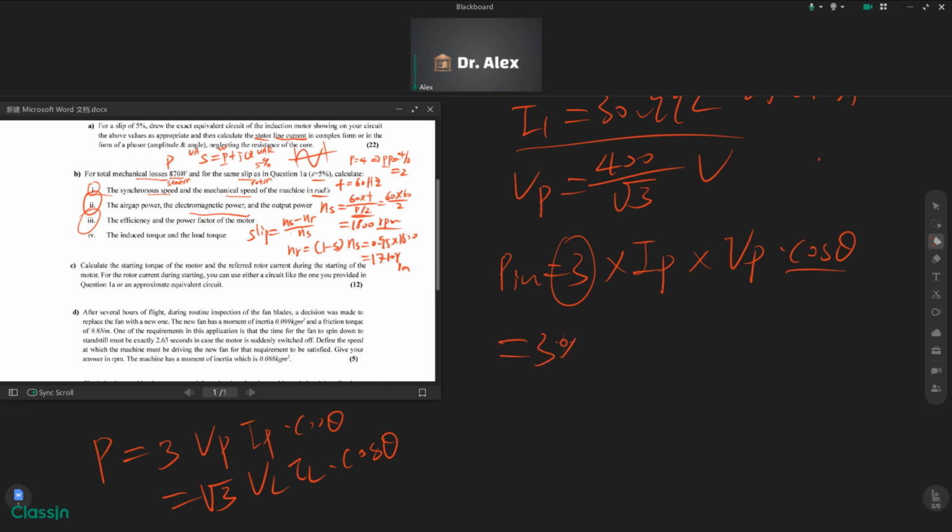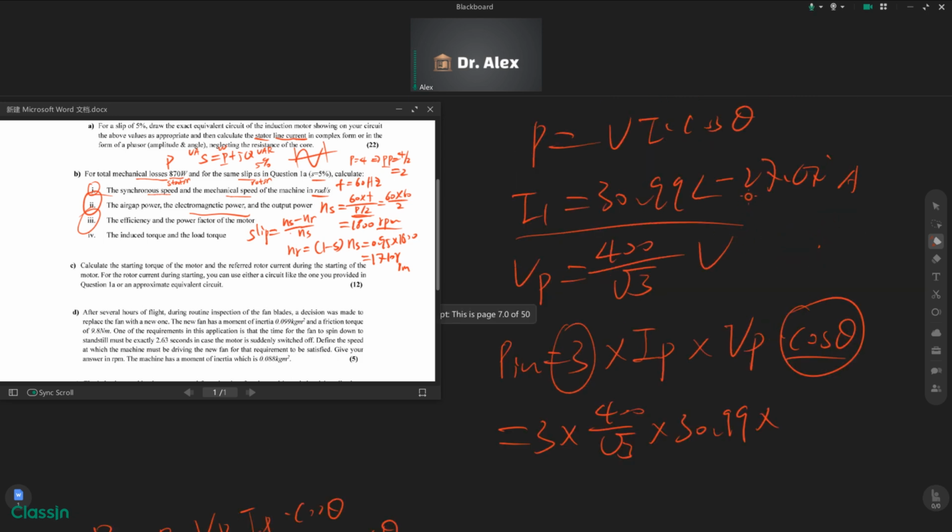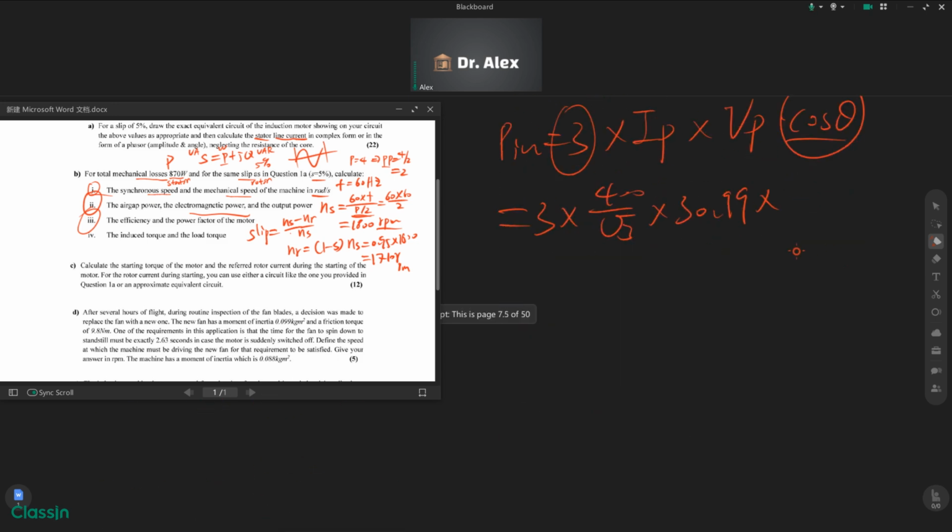So now we can get the final result, which is 400 over root 3 times 30.99 times cosine 27.67, which is 0.886, times 3. So the final result is 19008.9 watts. So currently the efficiency is straightforward, right?